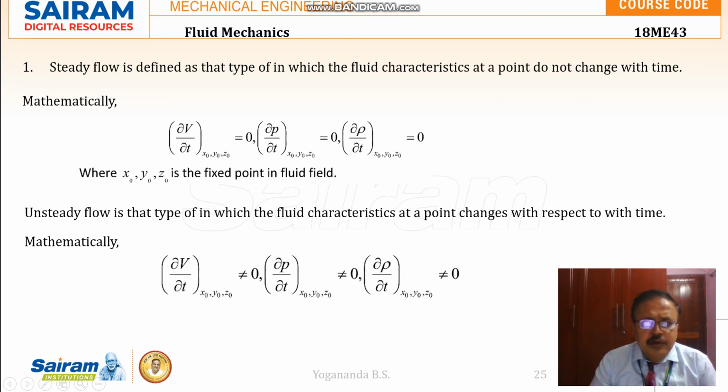But in steady flow, at different points of time, at a fixed point, the velocity, pressure and density will remain the same. So that flow is called steady flow.